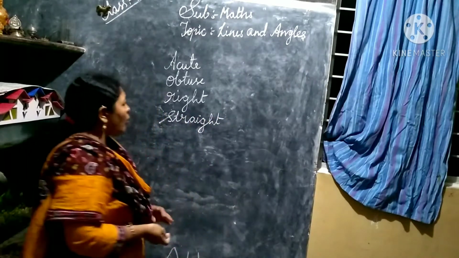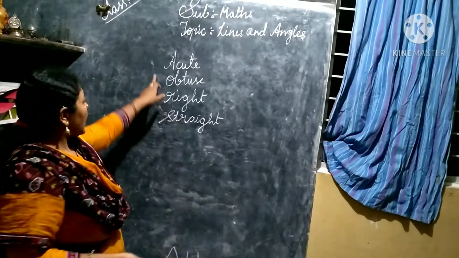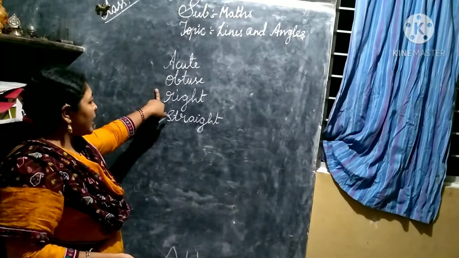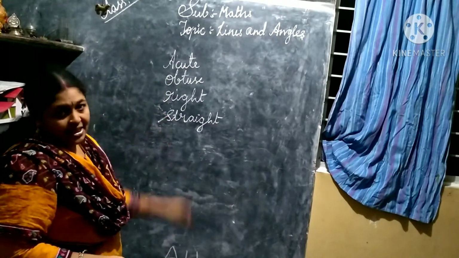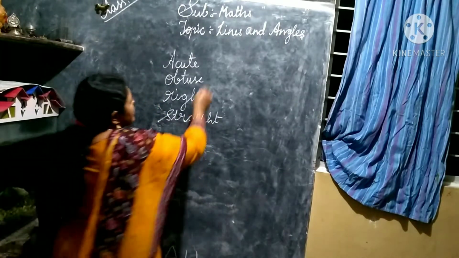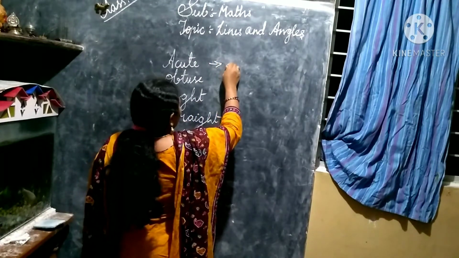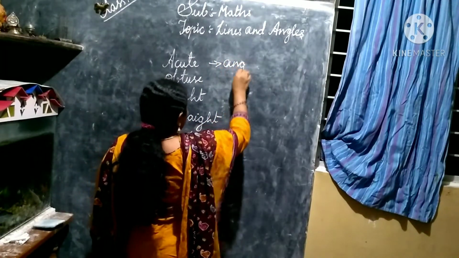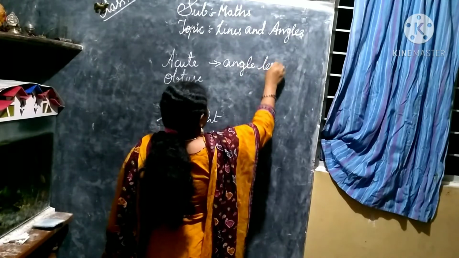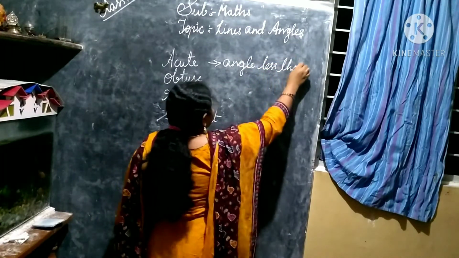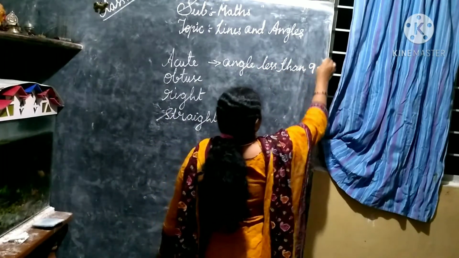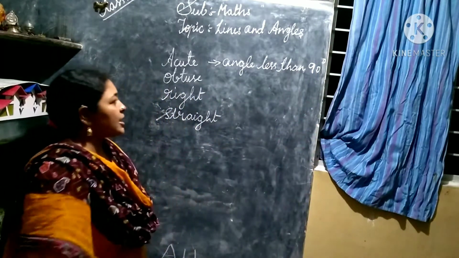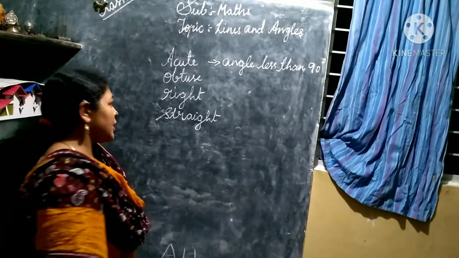I'm sure all of us remember them. So what is acute angle? Angle less than 90 degree. Angle less than 90 degree is called an acute angle.